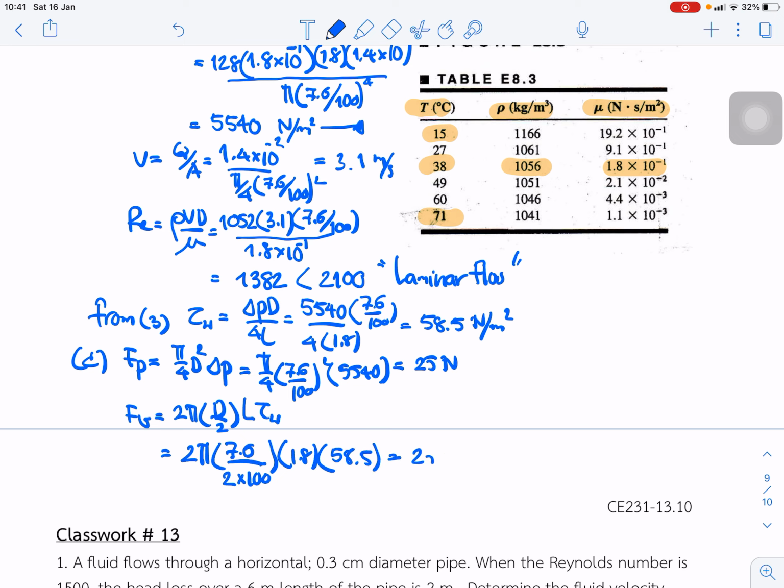So we got 25 Newton. You can see that FP is equal to FV, which proves that the net force is 0, so the acceleration is 0. That is the solution for this problem.